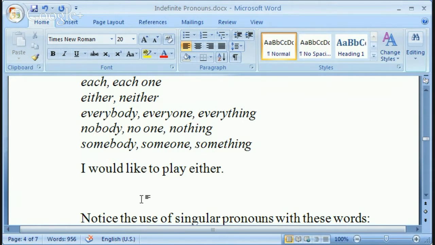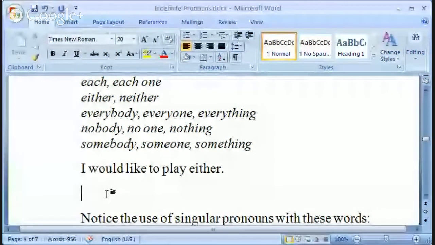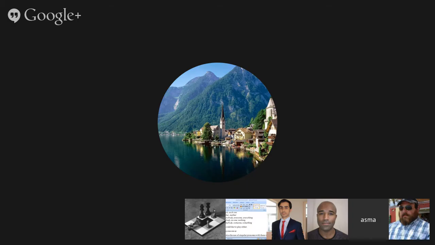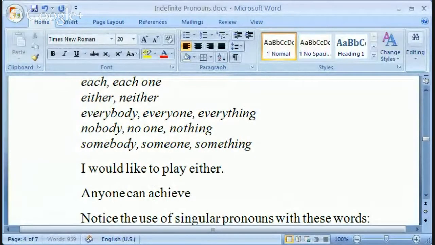All right. Let me go to Asma here. Asma, you want to try forming a sentence with an indefinite pronoun? Anyone can achieve his goals. All right. Very good.